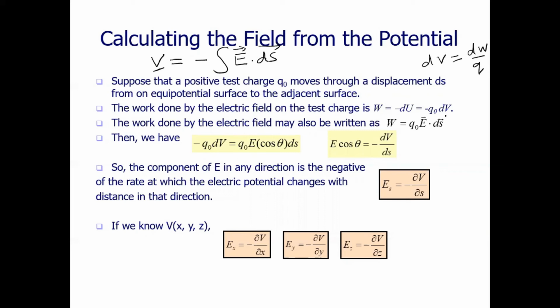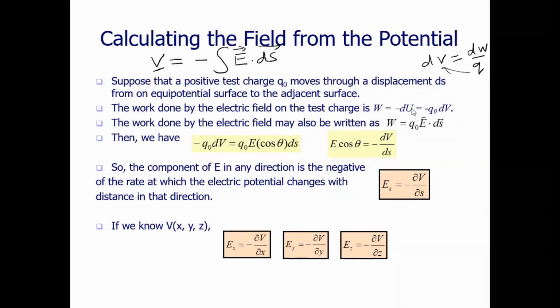So if you make work the subject of the formula, you are just cross multiplying there. Then the work will just be equal to the charge times the potential. So if you are moving a test charge Q naught within an electric field, the work that you have done will just be equal to minus Q naught dV.